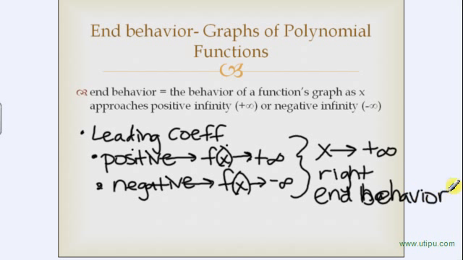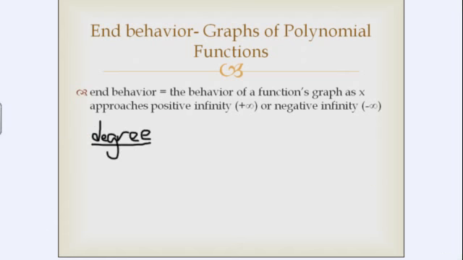So now let's look at how do we determine the left end behavior. Well, for the right end behavior, remember, we're looking at the leading coefficient. For the left end behavior, we want to look at the degree of the function. Now, we already know that the degree is the highest exponent, and that number has to be a whole number.